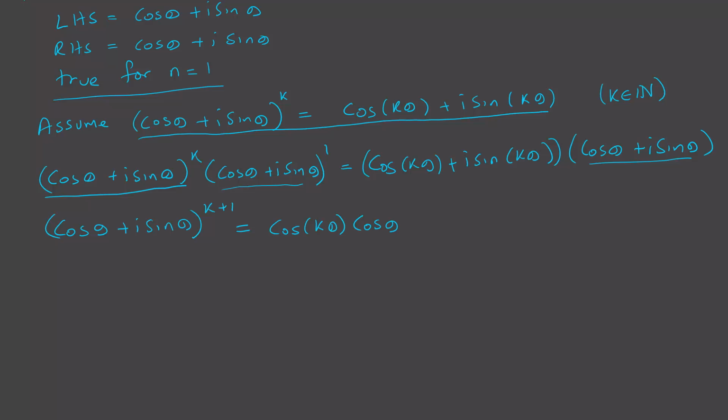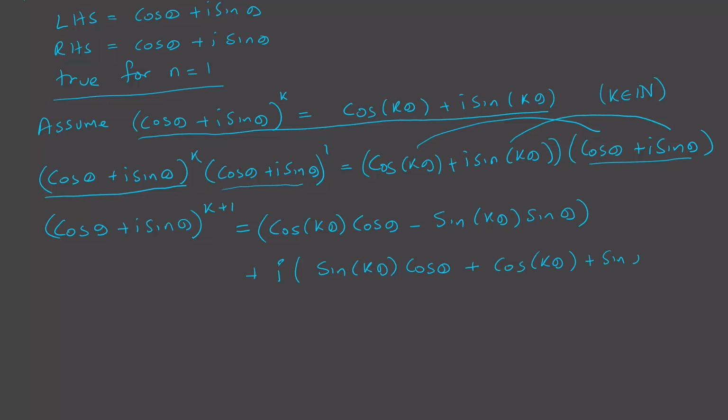Now, here I'm going to get an i squared, which is -1, so I'm going to get minus sin k theta sin theta. And that would be the real parts. And then I'm going to have i, and I'll have sin k theta times cos theta, plus cos k theta times sin theta.